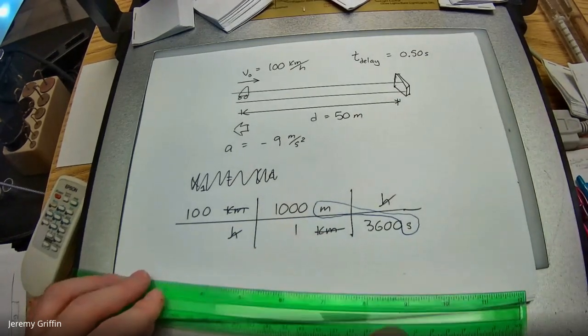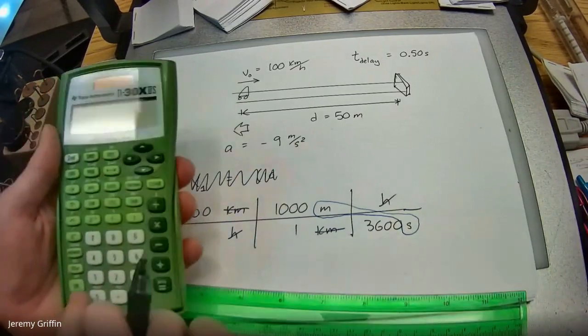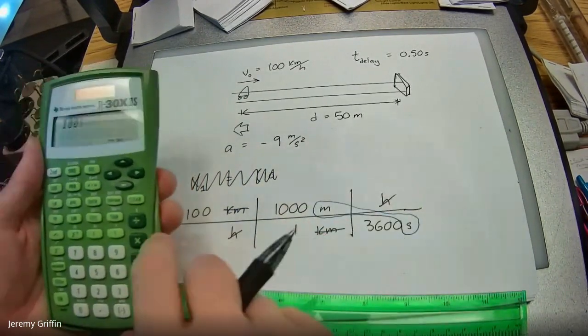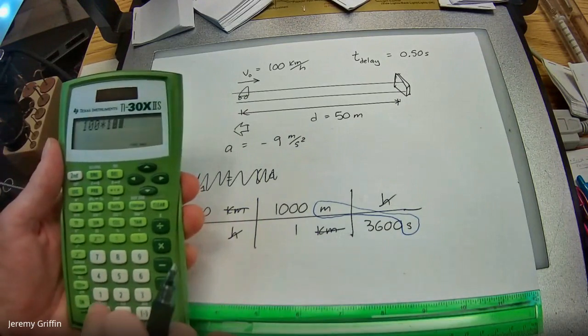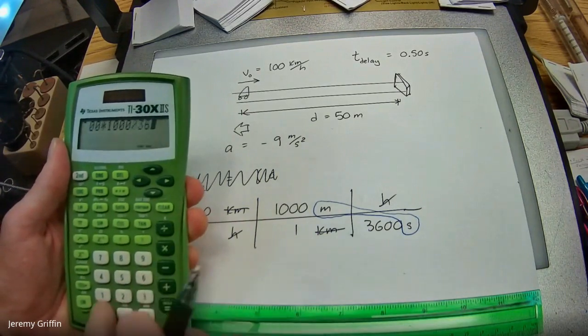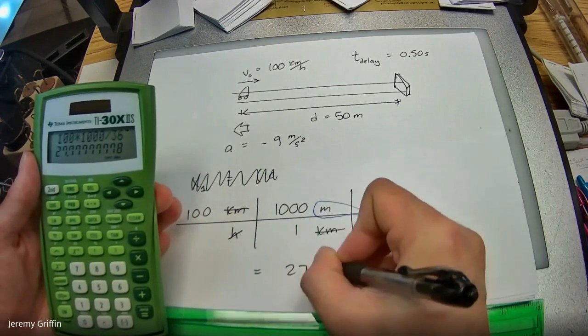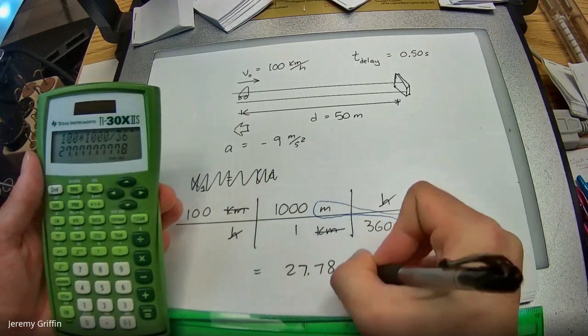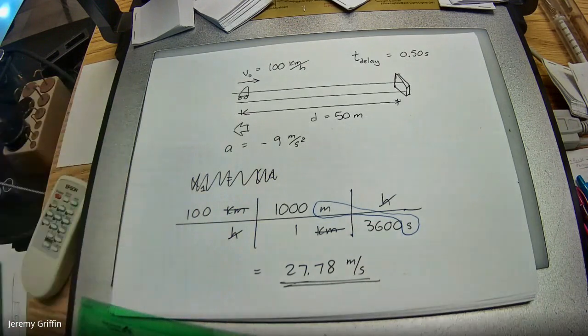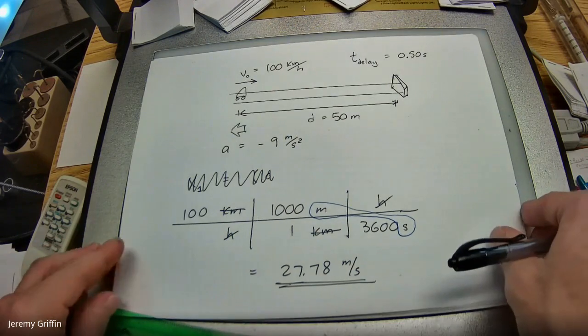All right, so let's see what the speed would be in meters per second, because otherwise I can't apply the equations. I need matching units. That's looking like 27.78 meters per second. Guys good? That looks about right, so I can believe that number.